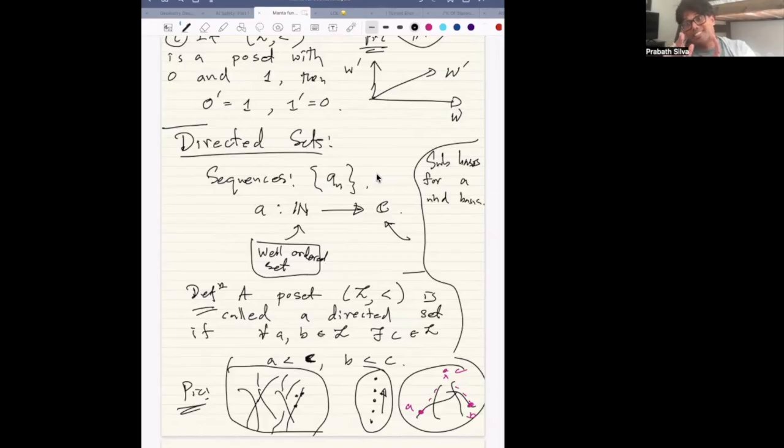When we introduced topology, we said we are doing topology because we want to talk about limits. And here there's no topology, so the topology gets captured in this directed set structure. We'll have a whole discussion on how we go back and forth between topology and these partial orders.